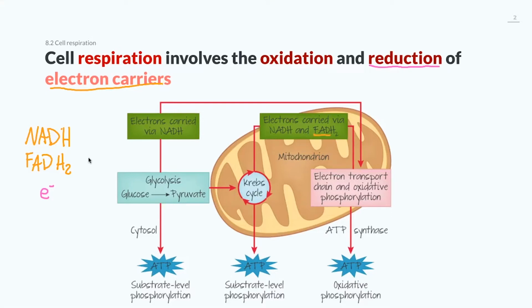So if I had NAD plus and it turns into NADH, well, let's take a look at the electric charge. What is the electric charge here? Well, it is 1 positive. What is the electric charge here? It's 0. So I went from 1 positive to 0. Did the charge increase or decrease? It decreased, right? It went down.